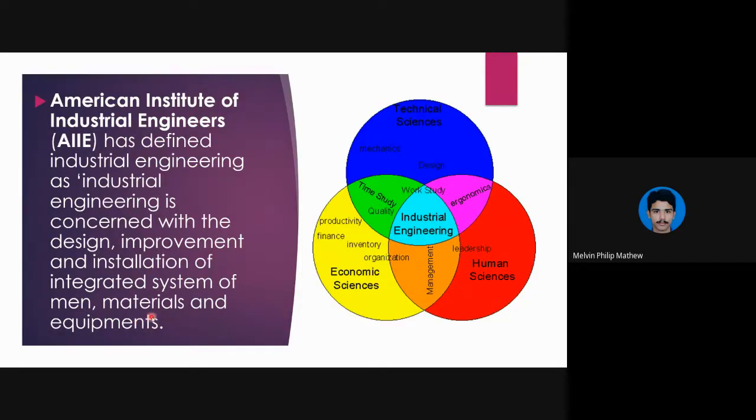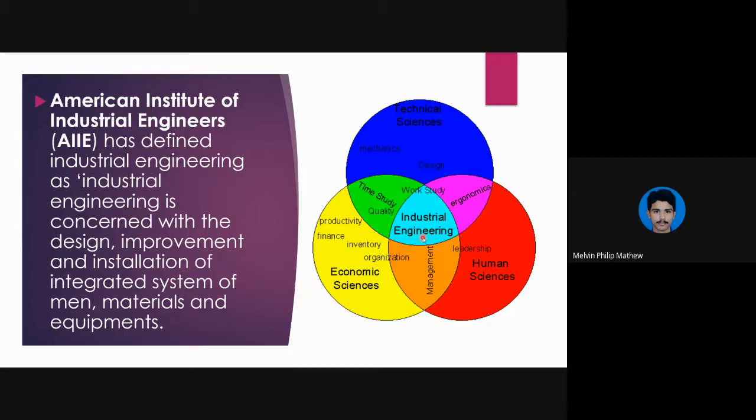So this is how the production of a product is done. And this product is first designed, then improved. We are improving the product so that it can be used for a longer period, and then we are installing the product.